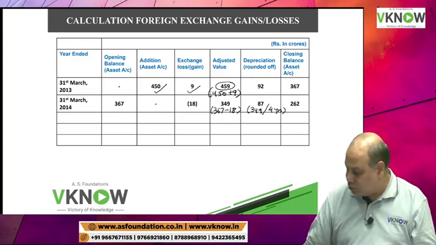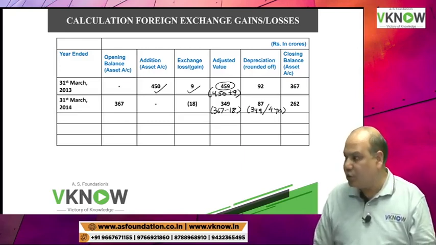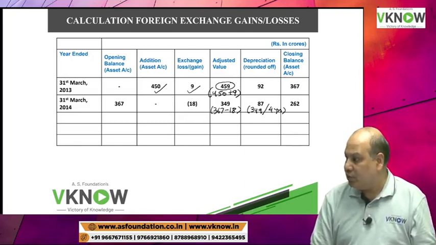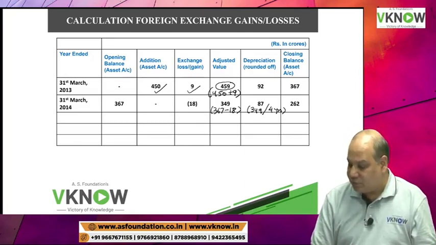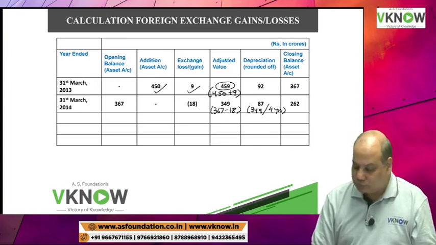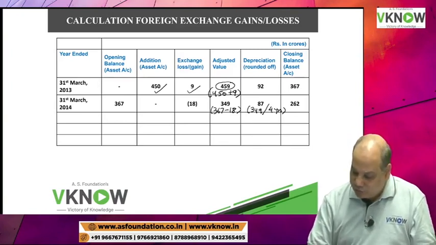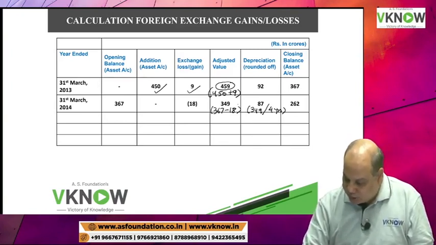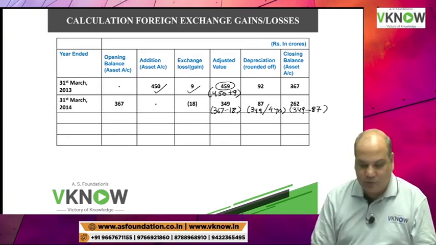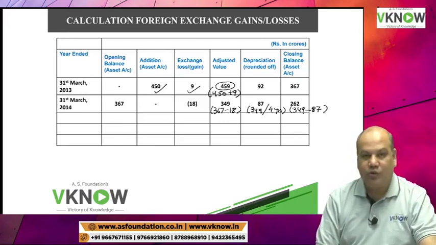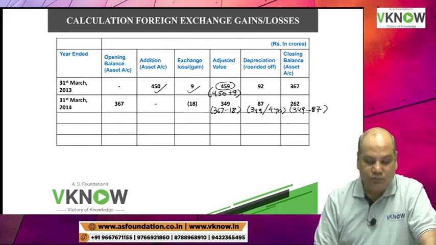So I am getting 87.25, but as I have decided, I will round it off. So 87. Now I will ask how the closing balance has come. That also I will write, 349 minus 87. That is how the closing balance has come.